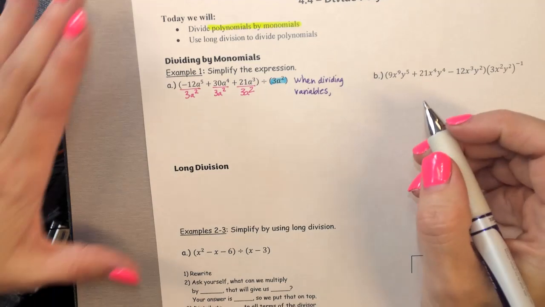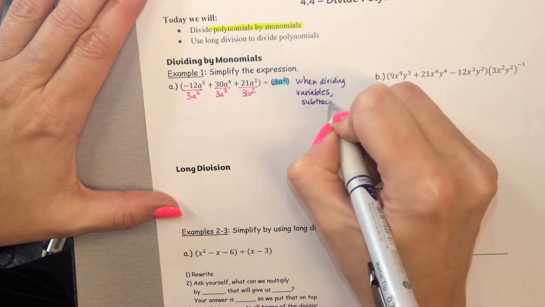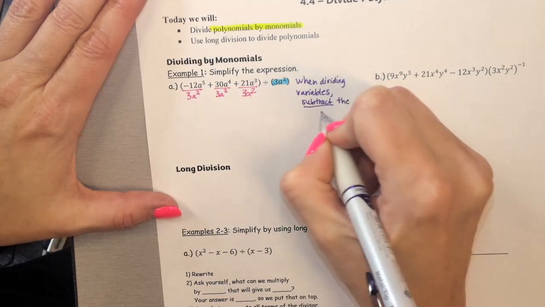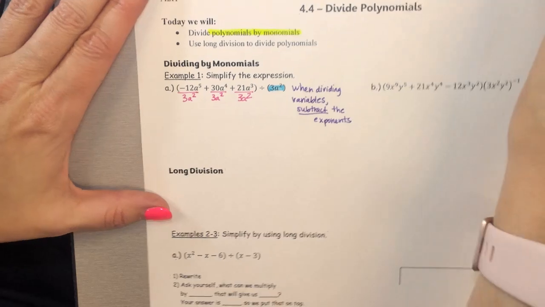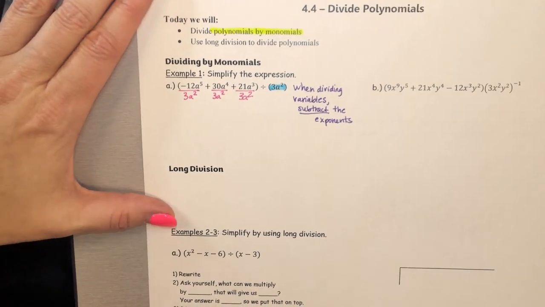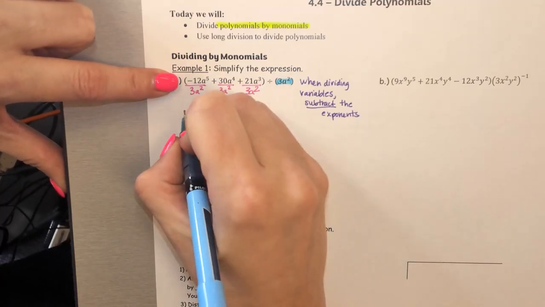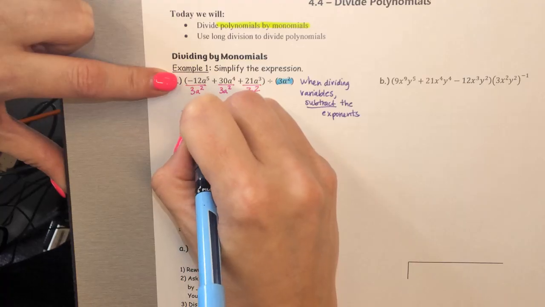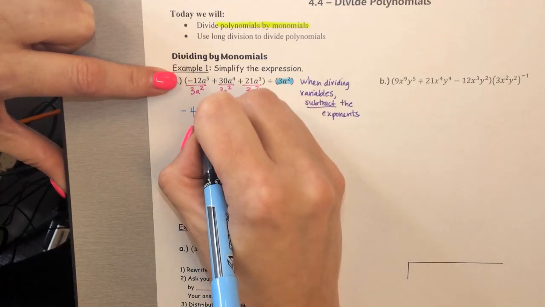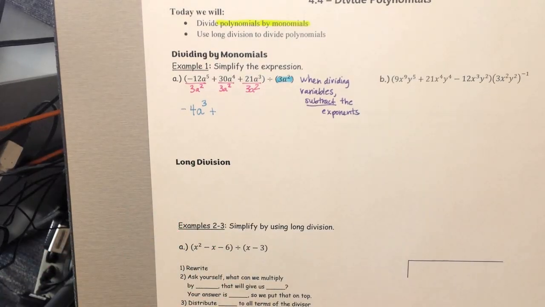Okay, so when dividing variables, we are going to subtract the exponents. All right, so for this one, when you divide number by number, negative 12 by 3 is negative 4. A to the 5th divided by a squared would be a to what power? The 3rd.